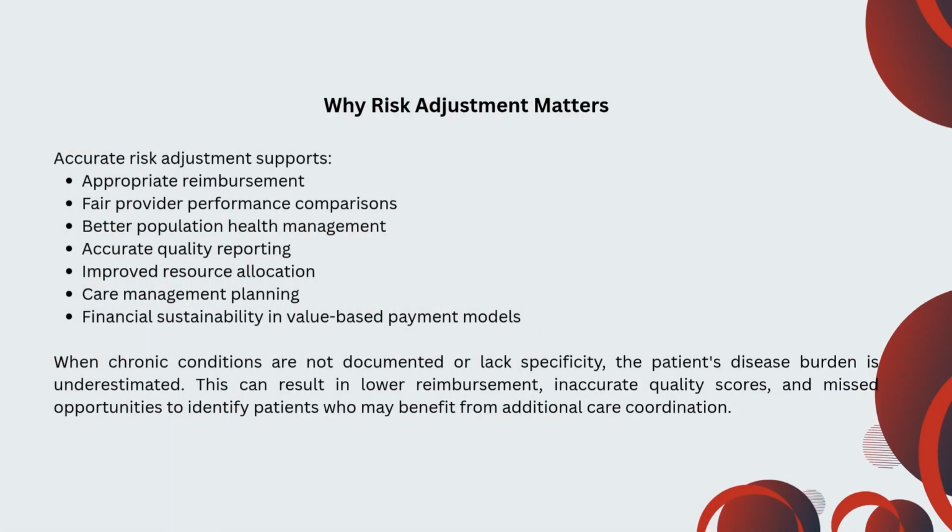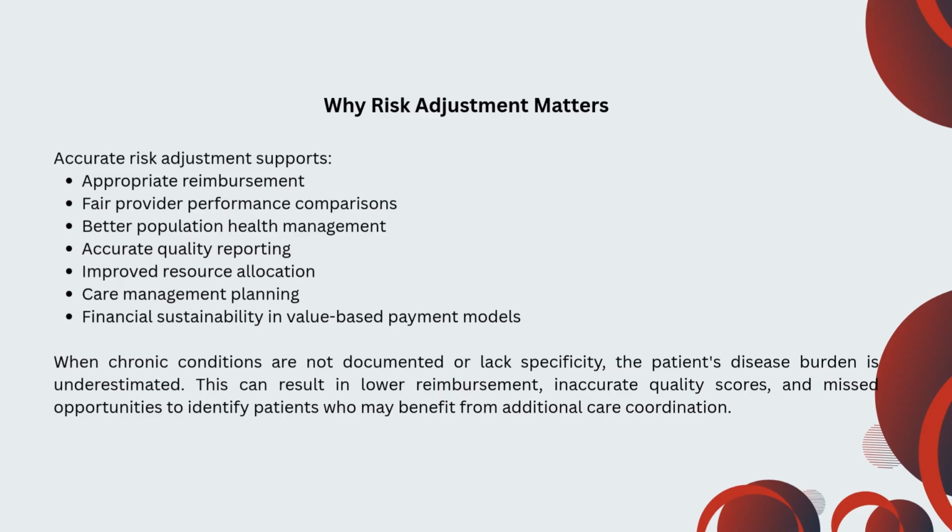Why risk adjustment matters. Accurate risk adjustment supports appropriate reimbursement, fair provider performance comparisons, better population health management, accurate quality reporting, improved resource allocation, care management planning, and financial sustainability in value-based payment models.